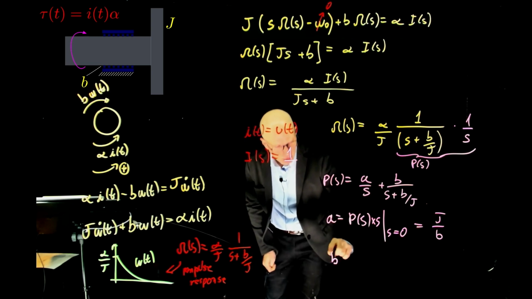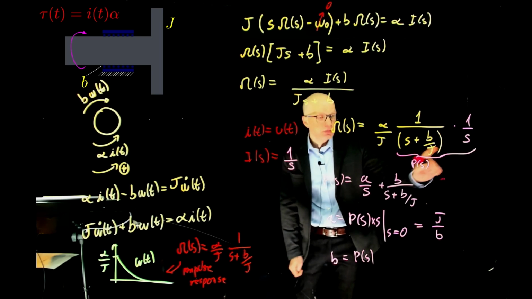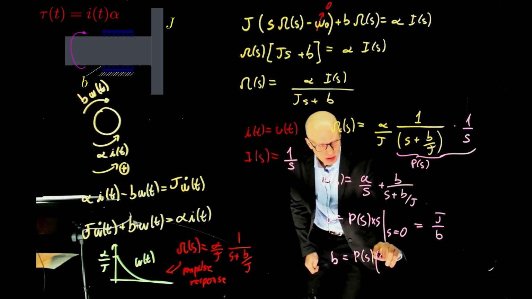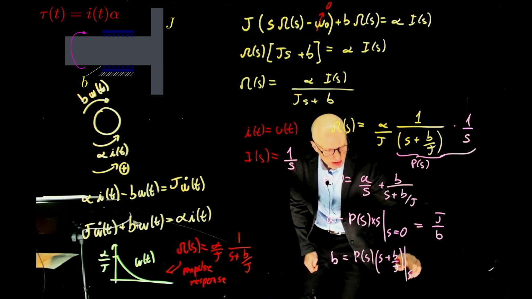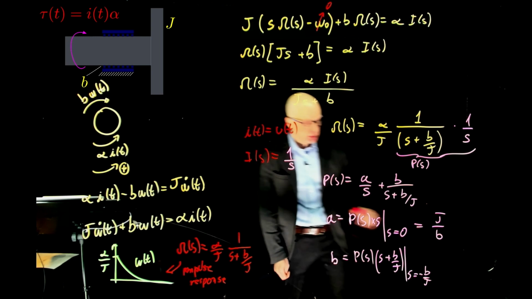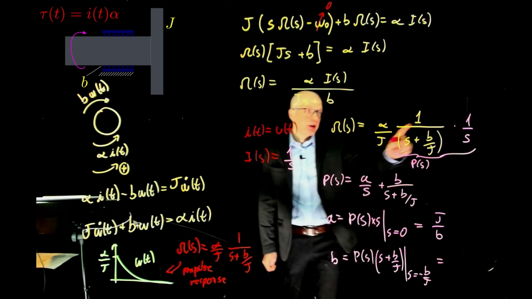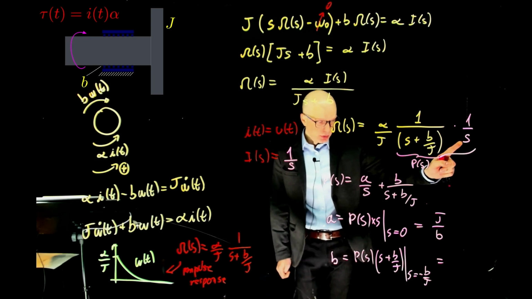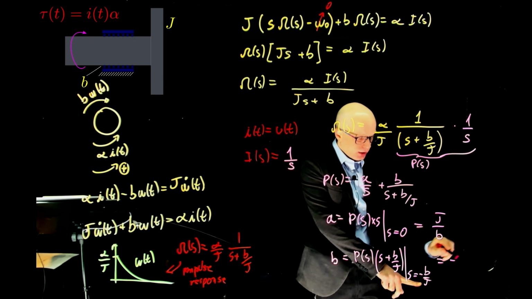And for the value of b, we have p of s now multiplied by this part here, s plus b over j. And this is evaluated at s equals negative b over j, so that this part is 0. And if we do this, we are left with 1 over s. S evaluated at negative b over j is negative j over b.